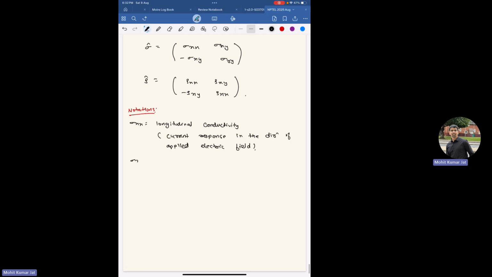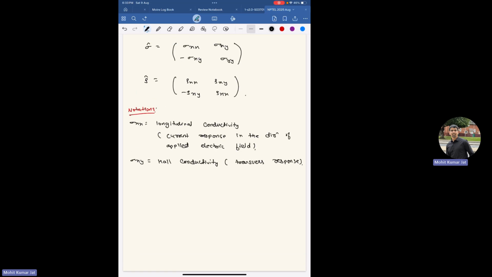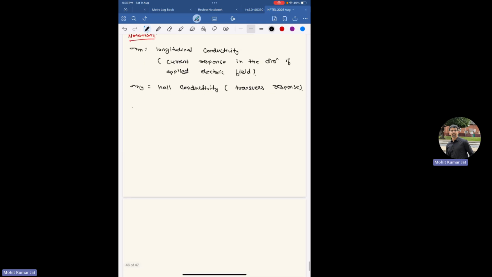Similarly, sigma xy is the Hall conductivity, which is a transverse response to the applied electric field, and rho xx and rho xy are the longitudinal and Hall resistivities respectively.